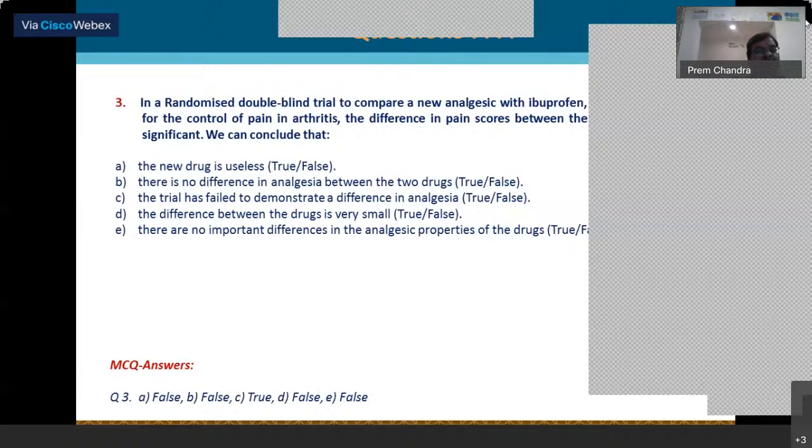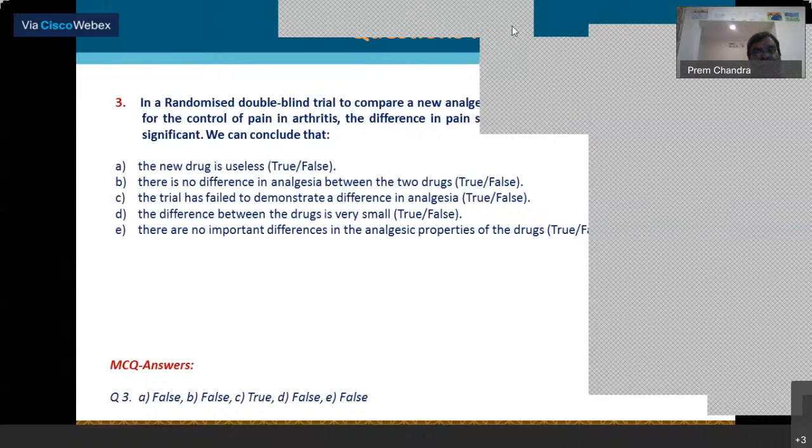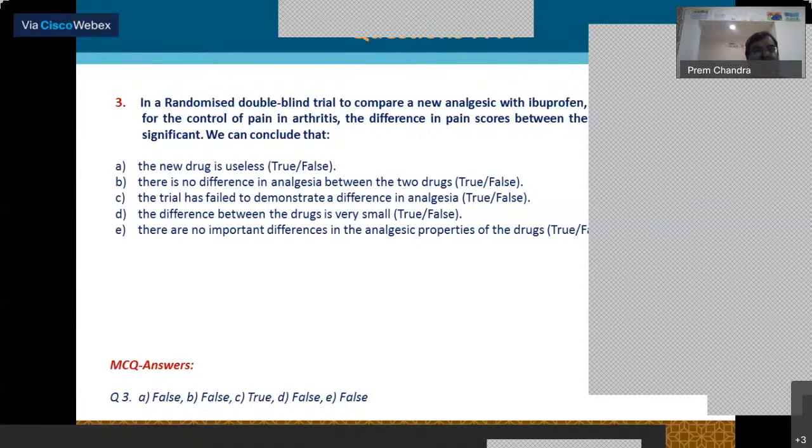So always relate both components together. The study may have clinical significance but not statistical significance. The other way around, the study findings may be statistically significant but not clinically important. So keep that component in mind when you start interpreting the study findings.